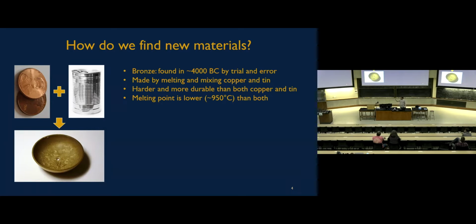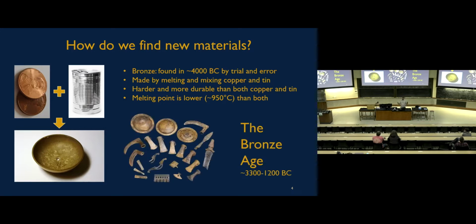For example, people discovered that mixing copper and tin in a ratio of 85 to 15 gives you the best kind of bronze that they needed for then. And this discovery was so important in the development of mankind that historians have named a whole age over it, the Bronze Age. Right? They could make tools with it that worked. And so that's how we did things thousands of years ago.